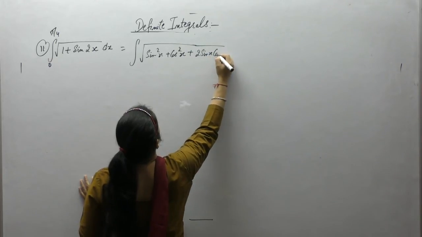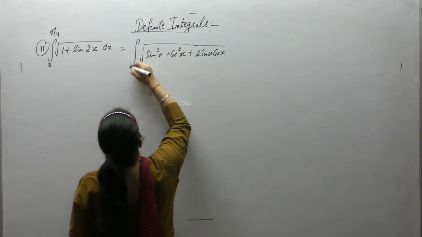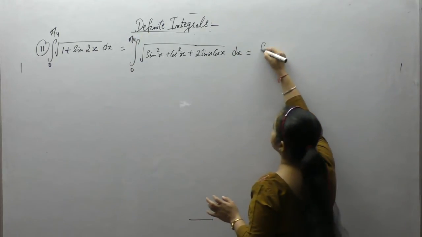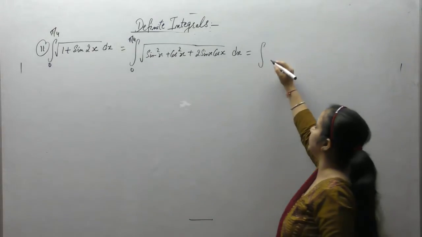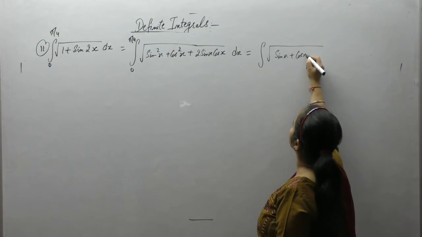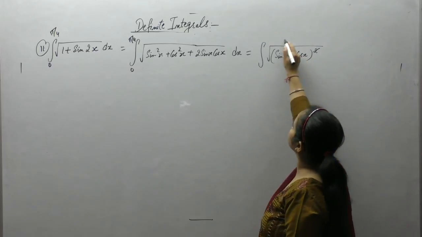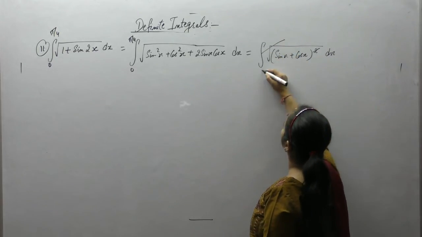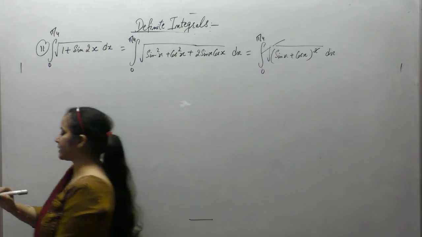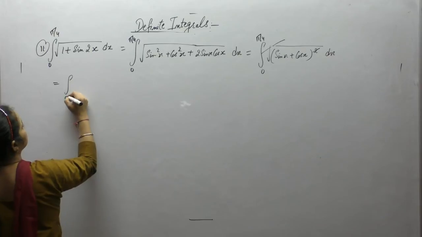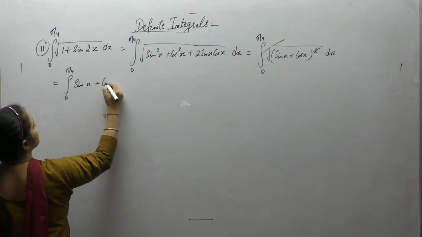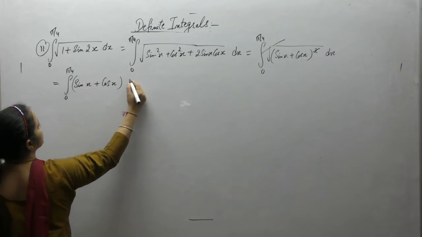So we have a² + b² + 2ab, which is equal to (a + b)². The square and square root will cancel. We get the integral from 0 to π/4 of (sin x + cos x).